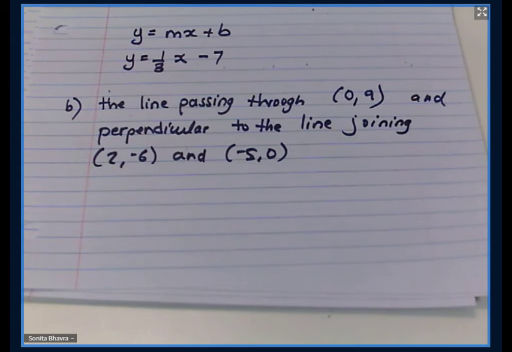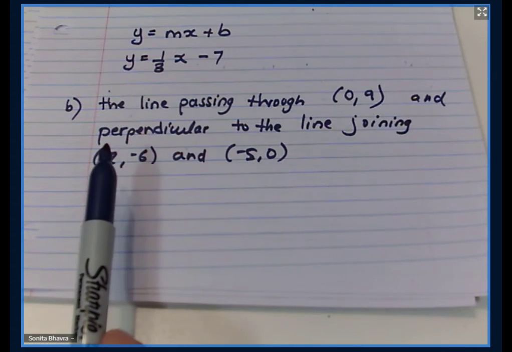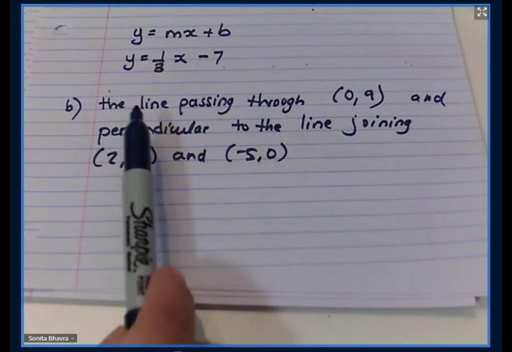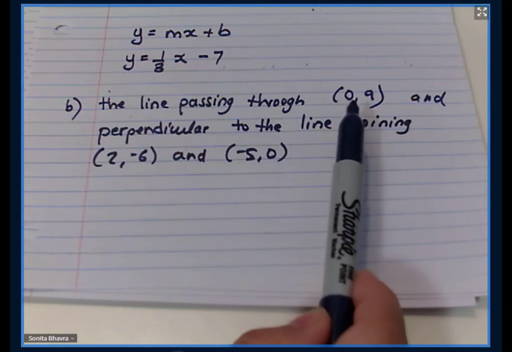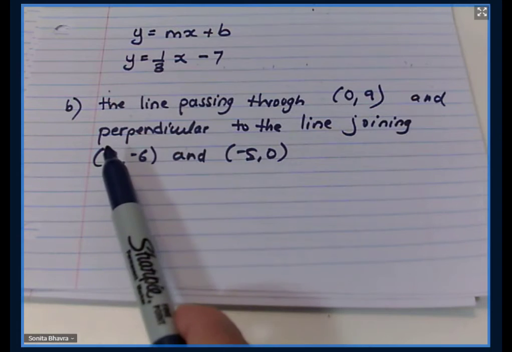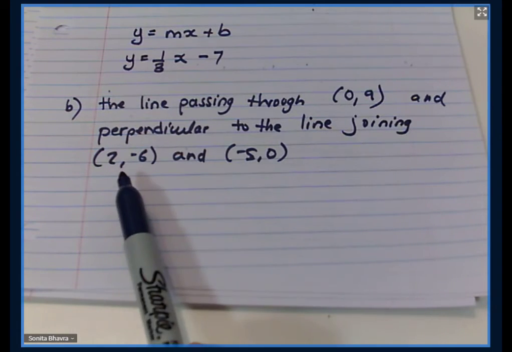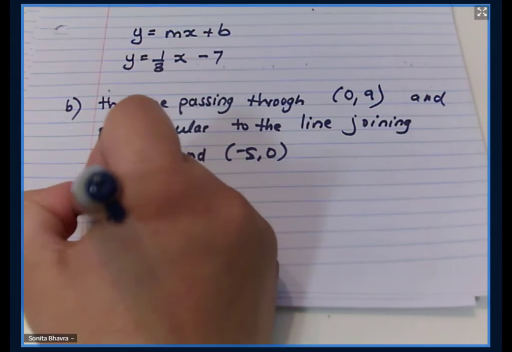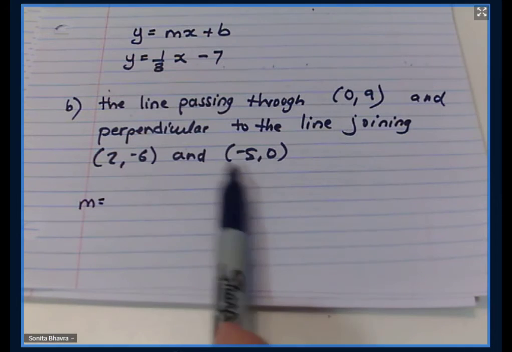All right, so next we are looking at part B. We have to figure out the equation of the line. The line is passing through the point (0, 9) and is perpendicular to the line joining (2, -6) and (-5, 0). So the first thing we have to do is figure out the slope of this line with these 2 points.